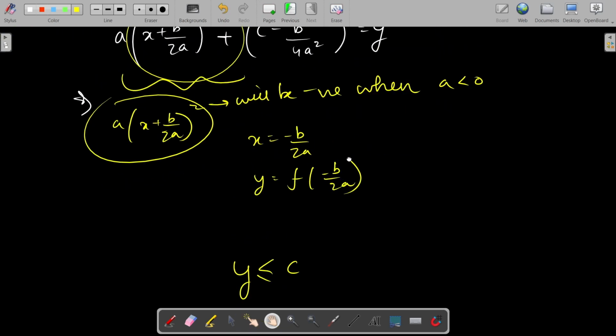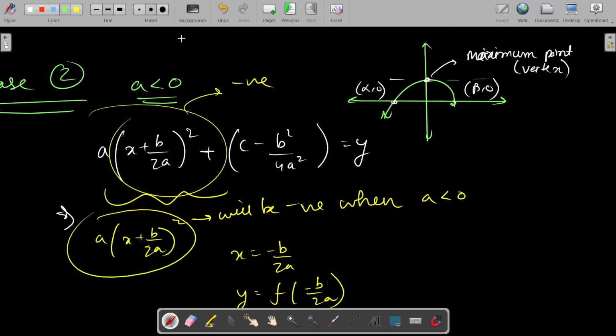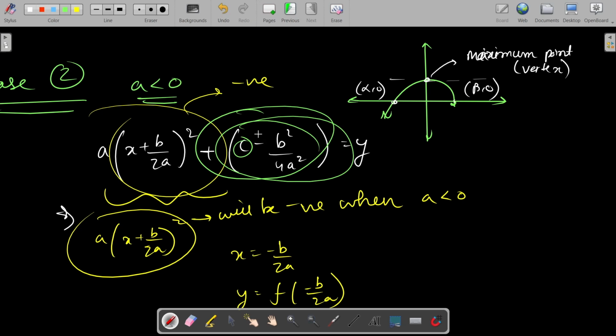By the way, when I say c, I mean this entire thing, not just this. So that is going to be always less than or equal to c. When we add a negative term, it's going to be less than c, but when we add 0, it's going to be equal to c. So that is the derivation for the entire thing.